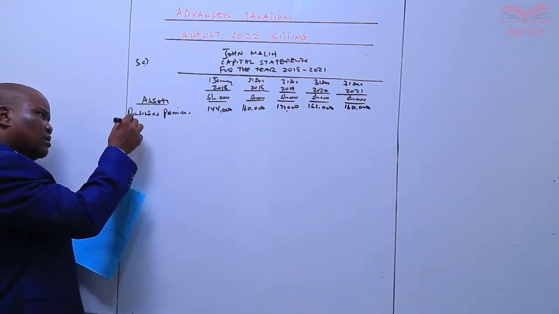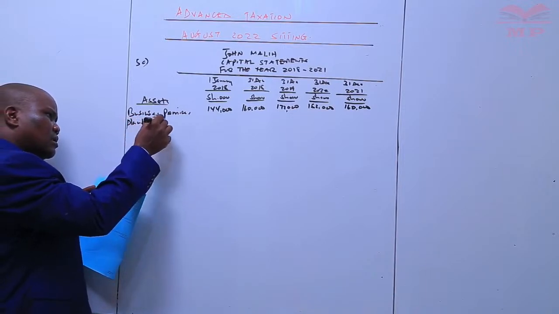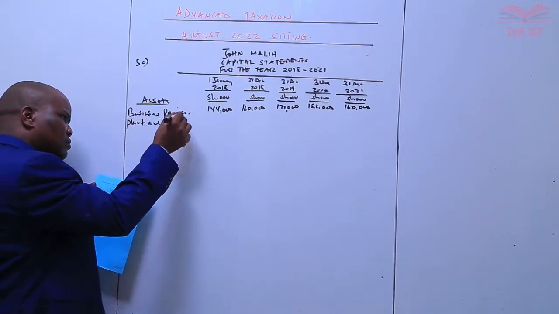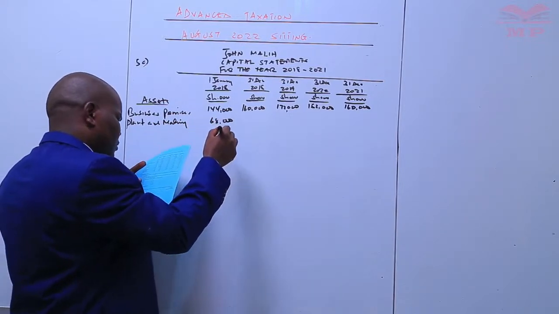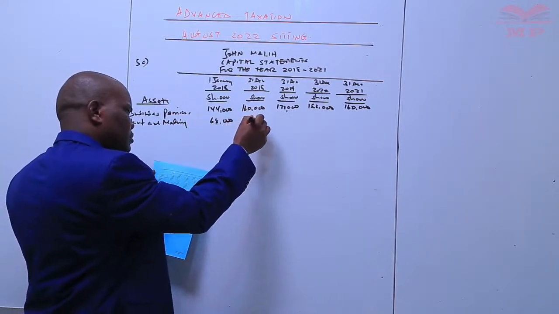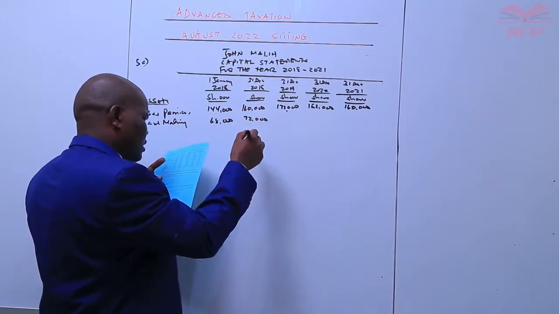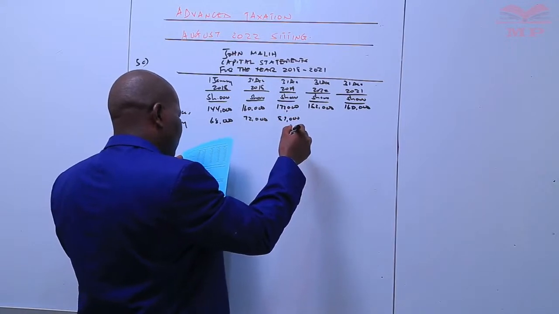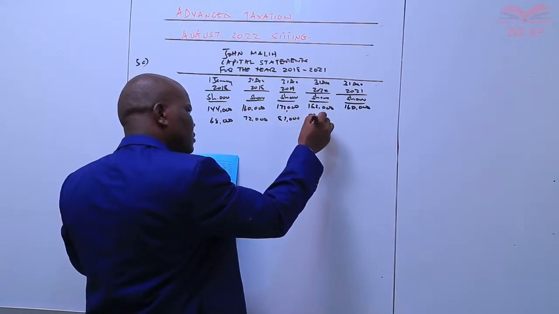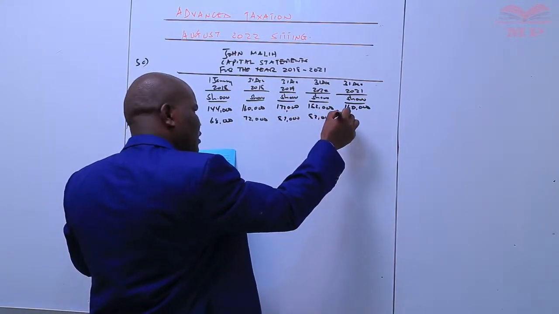Plant and machinery are assets, 68 million, 72, 87, 82, and 92.